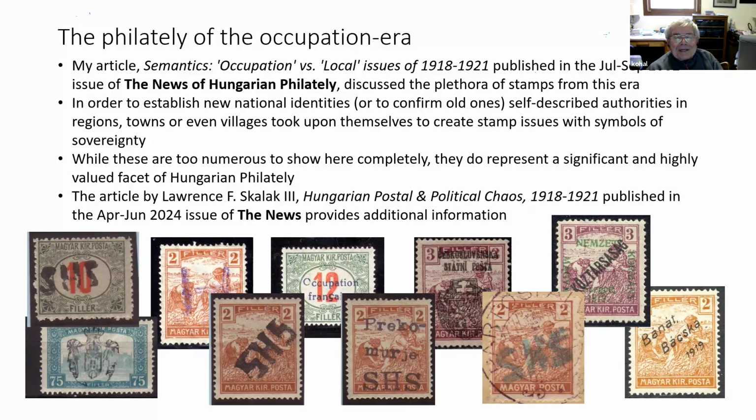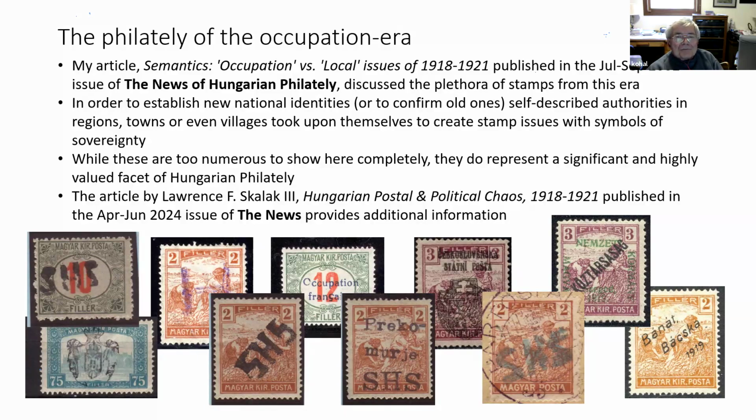But anyway, it tabulates all the local issues and occupation issues that I've ever been able to put together, in chronological order. It seems like during this time, everybody who wanted to express any kind of attachment, whether self-described or official, created stamps with symbols of their national sovereignty.